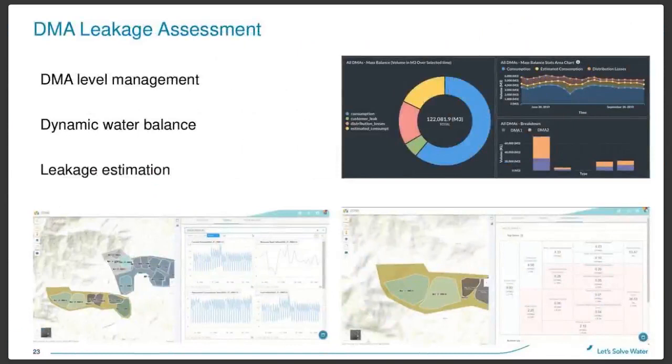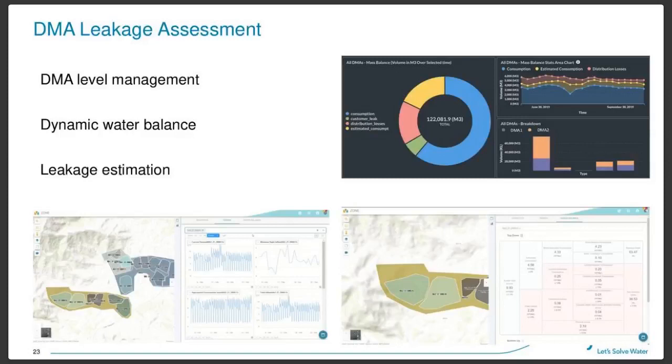Bringing several smart meter data sources together with traditional DMA monitoring, so it's flow meters going into DMAs and continuous logging of larger CNI customers, really allows a much higher resolution, better understanding of leakage within a network.